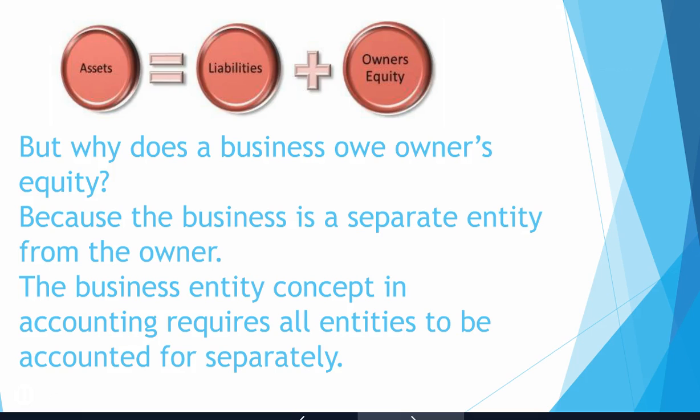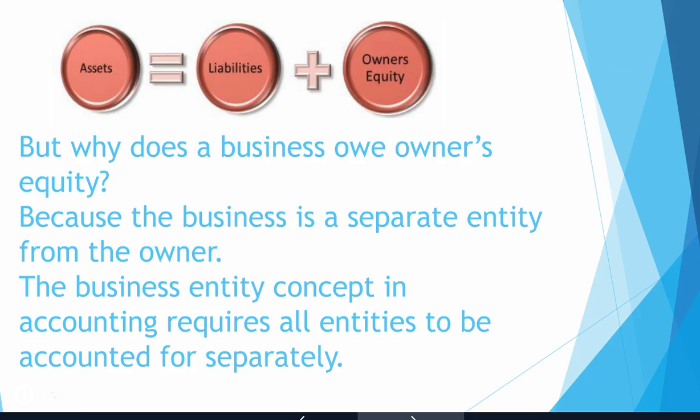Now, some of you may wonder, why does a business owe owner's equity? This is because the business is a separate entity from the owner. The business entity concept in accounting requires all entities to be accounted for separately.